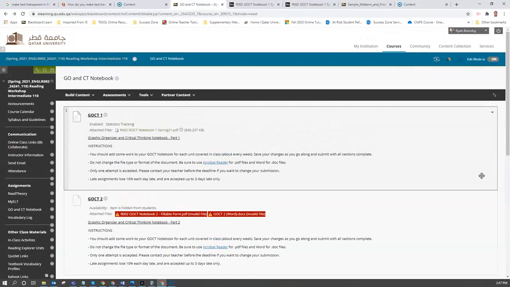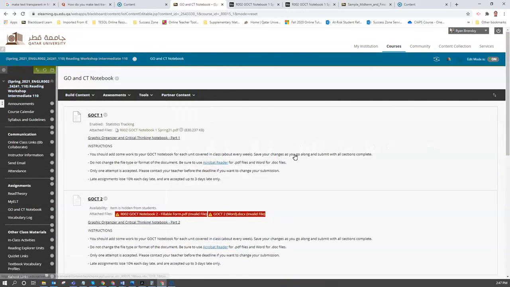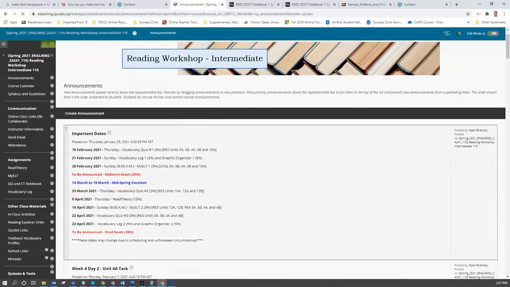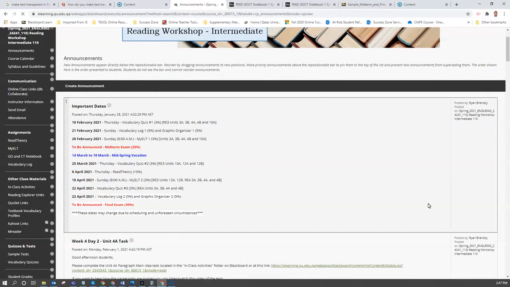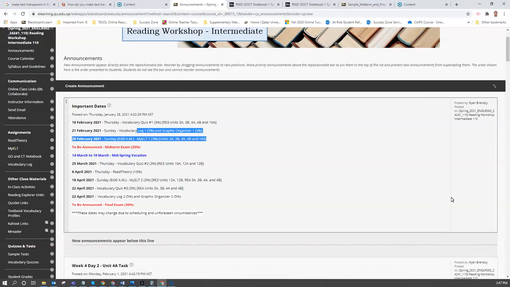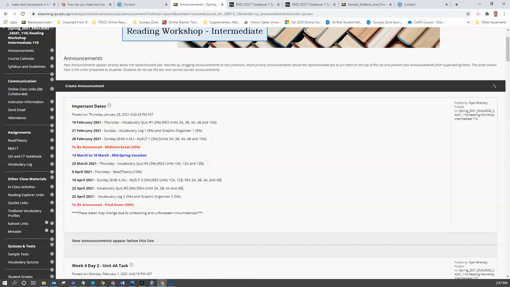So if we're going to look at when this is due, we can go back up to the announcements, and we can see that the first graphic organizer is due February 21st, Sunday. Okay, and so you will make sure to submit it on Blackboard.